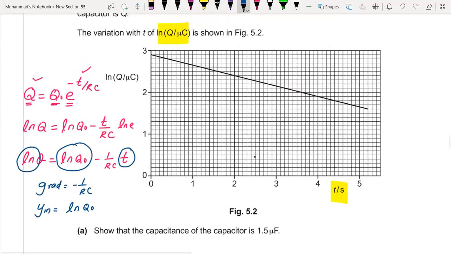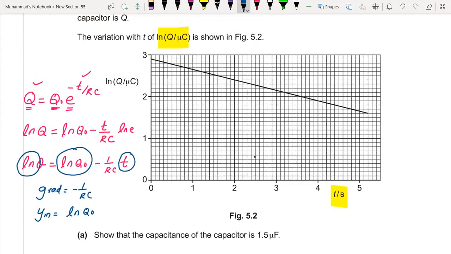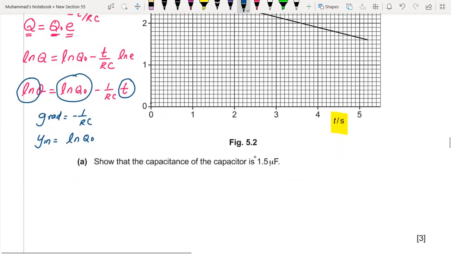So we have to find the capacitance, and we know the y-intercept. You know, on y-axis the small division is 0.1, so this is 2.9. So ln Q naught, that is y-intercept, is 2.9.